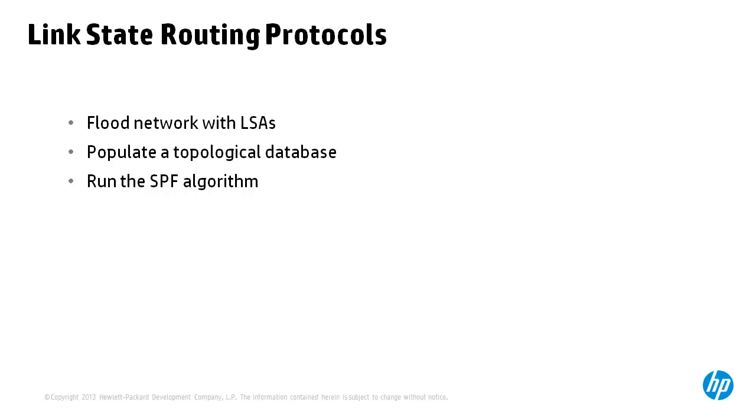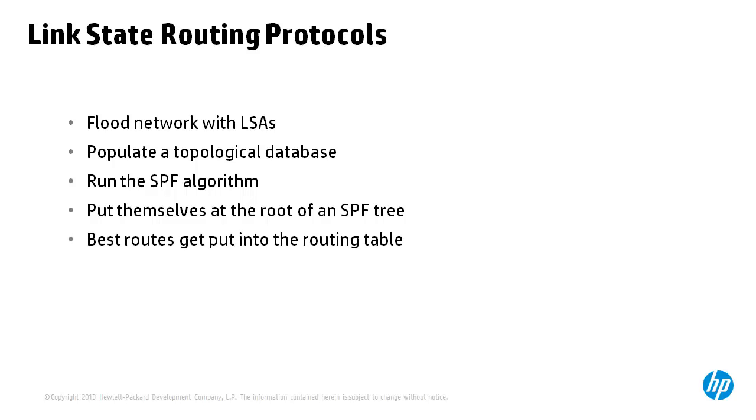When the routers run the SPF algorithm, they put themselves at the root of an SPF tree and then calculate or work out the best route to destination networks from their perspective. Routers' perspectives will vary depending on where they are in the network, and thus the best route for one router may be different to the best route for another router.